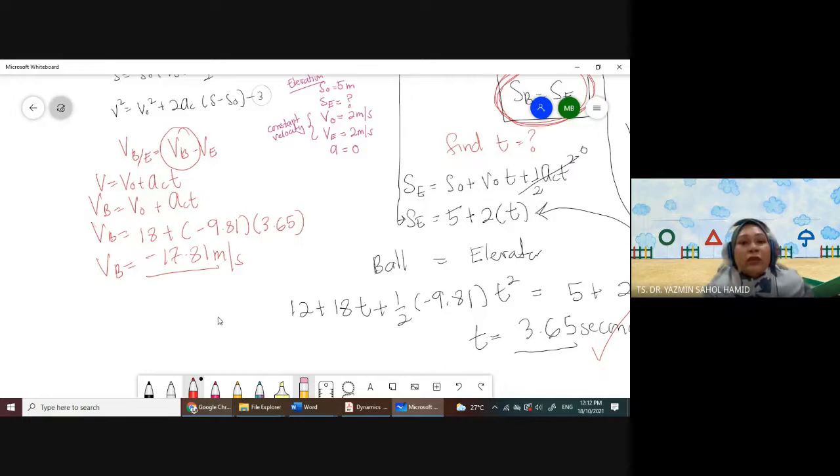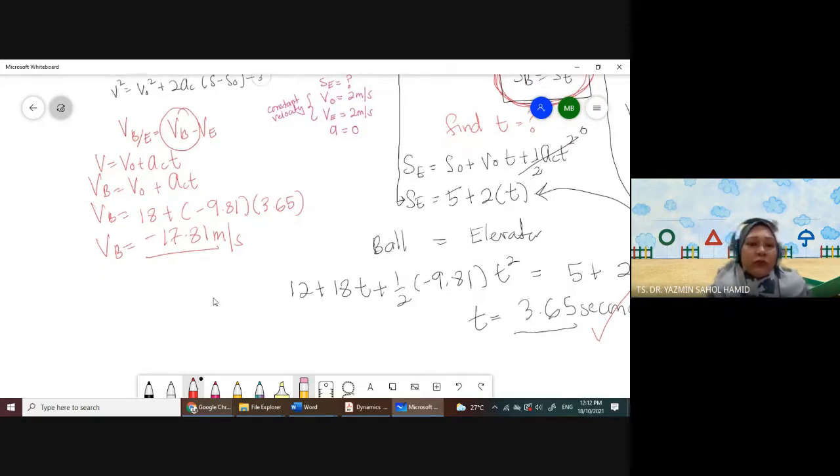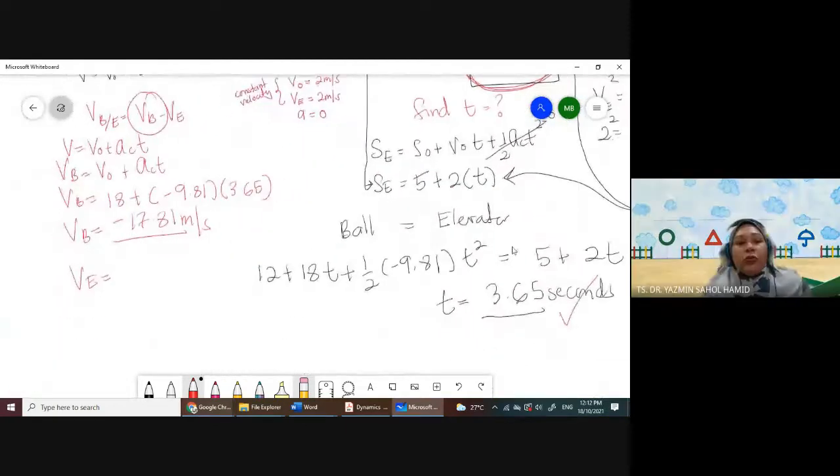Yeah. So what is VE? What is the velocity of the elevator? 2, yes. 2 meter per second. So what is the relative velocity of the ball with respect to the elevator? It is VB minus VE. So VB is negative 17.81 minus VE, which is 2.